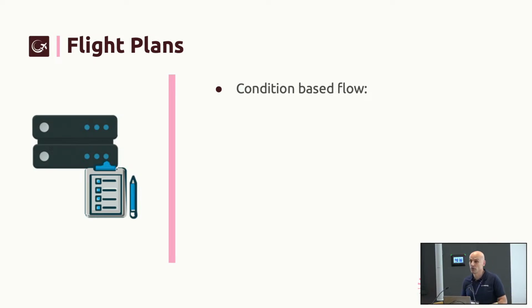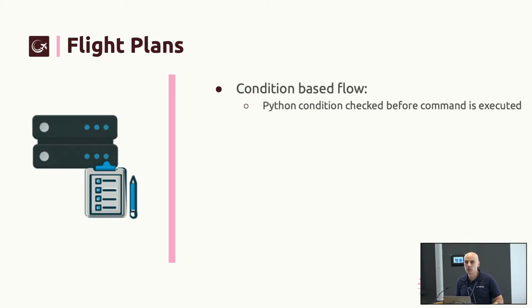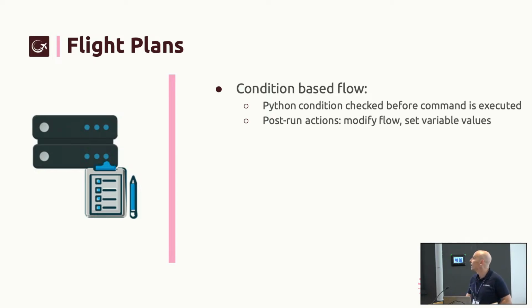It's condition-based flow. So the first is the Python condition which is being checked before this command is executed. For example, you can check, okay, if this variable is set, then execute this command. Then there is a post-run actions which can do something after the command has finished. For example, if the command has finished with exit code -2, then ignore it and run the next command.